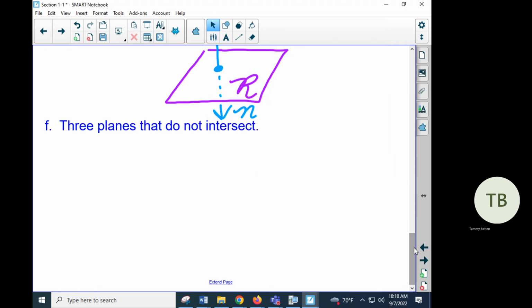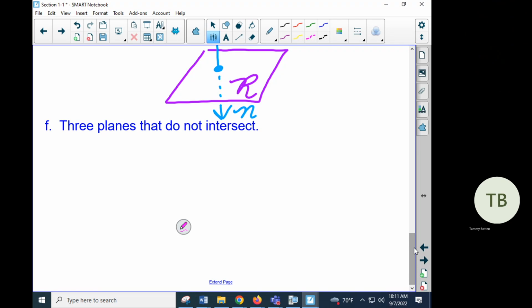Now, another question, and I know this is on your first quiz, a lot of kids forget this, so really try to remember this. If you're drawing 3 planes that don't intersect, would you understand that would be like the floor, the ceiling, and then the ceiling of the floor of the room above us? Those would never intersect, right?